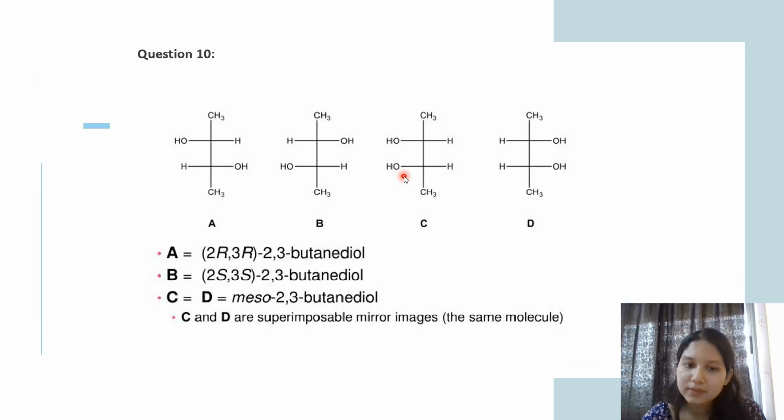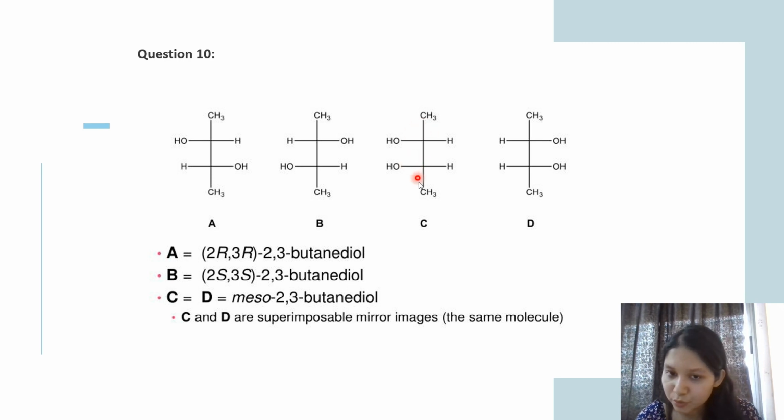First, let us write the Fisher projection of the molecule given, 2,3-butanediol. We can write 4 different stereoisomers following the rule 2 to the power n. And since the molecule possesses 2 stereogenic centers here, 2 to the power 2, that is 2 square, will be 4. So 4 different stereoisomers you can draw. But you will see that structures C and D are interconvertible when we rotate one of these by 180 degrees.